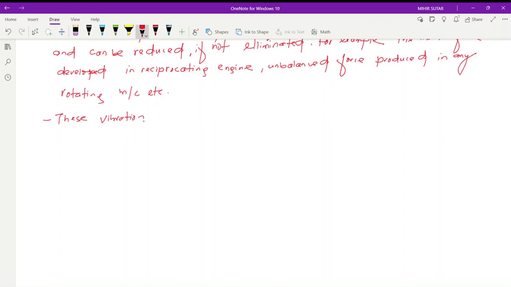You can write this. These vibrations should be isolated. Okay.